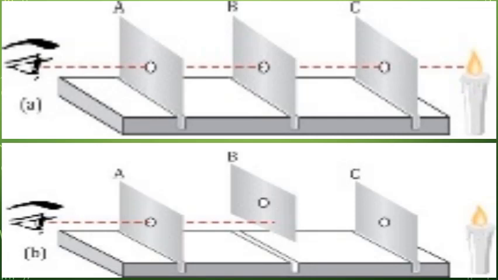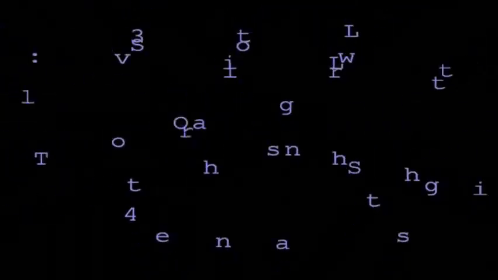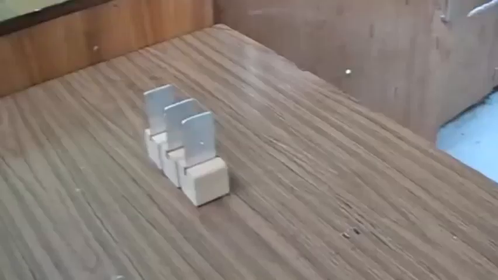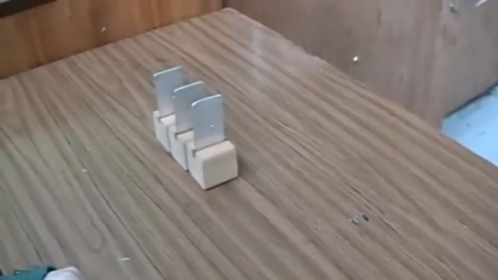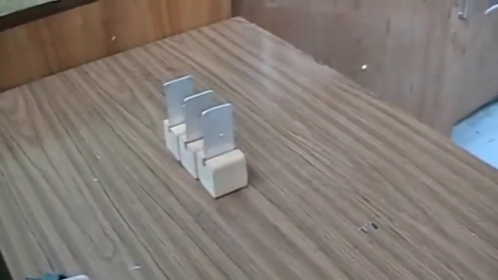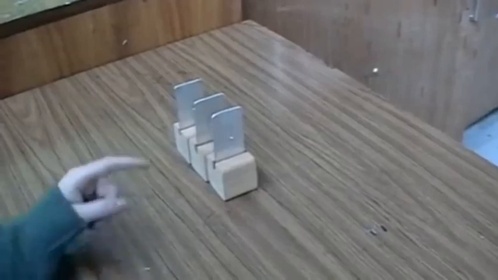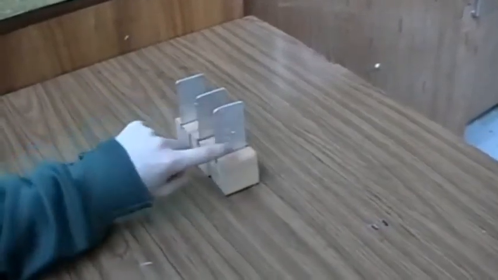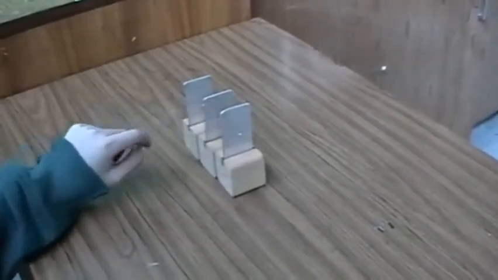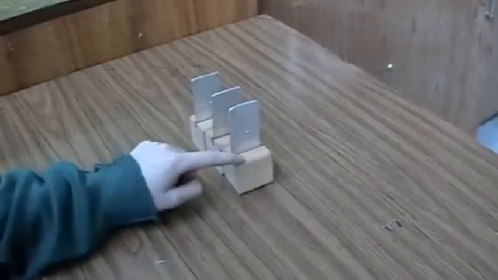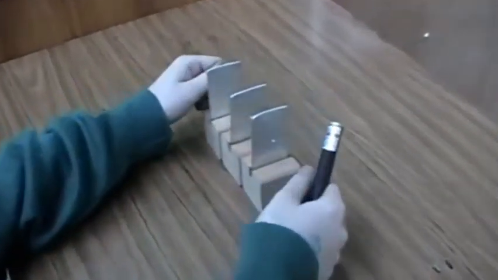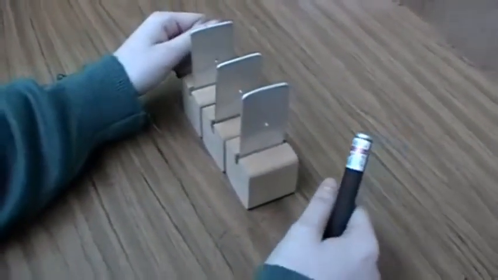Now, watch this video to make it clear. An experiment to show that light travels in straight lines. We will use as apparatus 3 metal rectangles with holes, 3 wooden holders, some wire, and a laser.